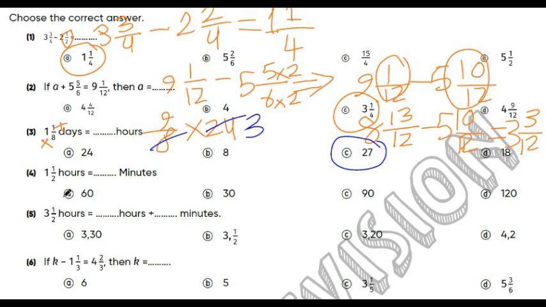So we have 60 minutes in 1 hour, and we have 1 hour and a half. When we multiply this by 60, the answer should be 1 times 60, 60, 60 times half 30, 60 plus 30 equals 90 minutes, which is the duration of a football match. It will be 90 minutes.